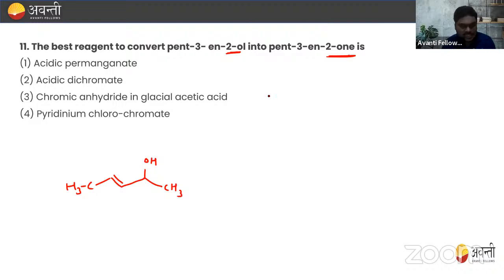Okay, so this is the structure of pent-3-en-2-ol, here we have OH. Now we want to convert this into pent-3-en-2-one.